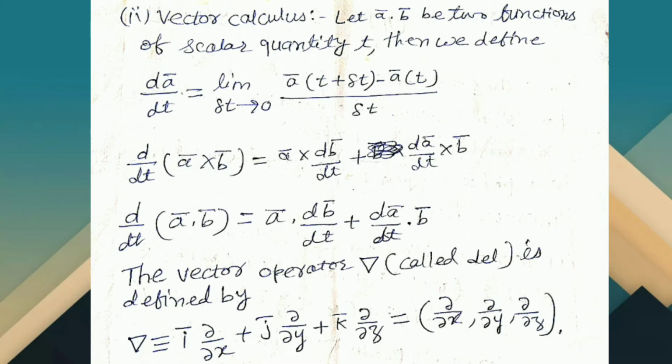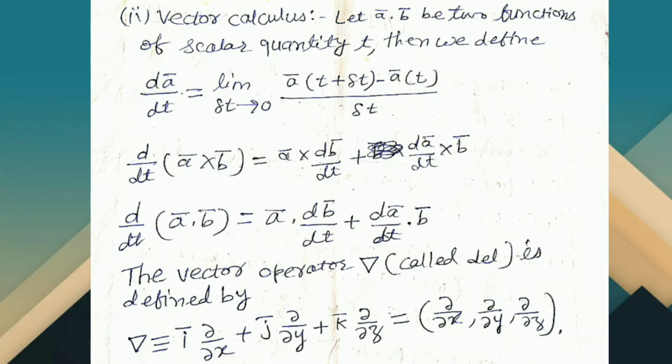The vector operator del is defined by del is equal to i bar dou by dou x plus j bar dou by dou y plus k bar dou by dou z, which is equal to (dou by dou x, dou by dou y, dou by dou z).